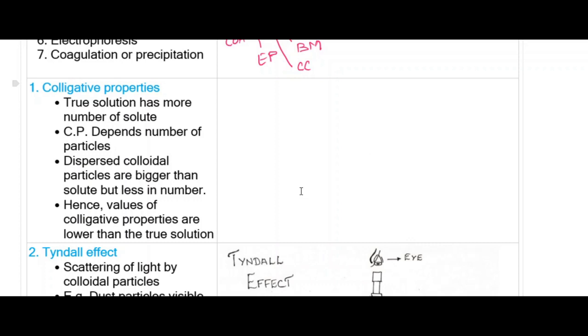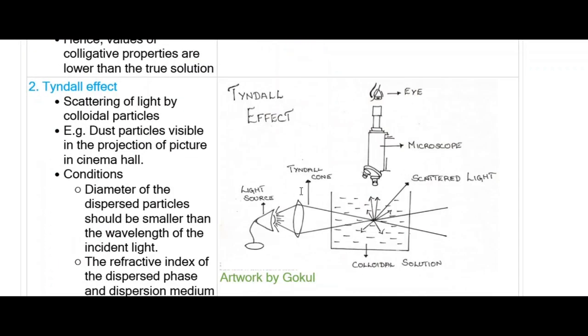Right. Secondly, we need to discuss the Tyndall effect. Tyndall effect is nothing but the scattering of light by colloidal particles. So our friend Gokul has done a wonderful artwork here. We have the colloidal solution here.